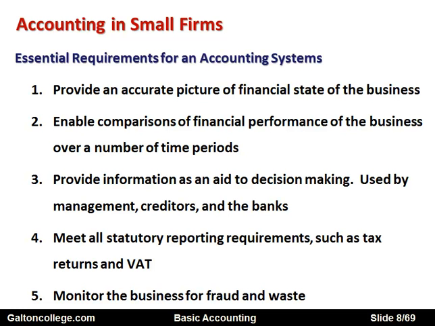So it's easy for auditors or for the authorities to check to see if there's any fraud or any waste or anything that perhaps shouldn't be happening. So those are the basic essentials for an accounting system.